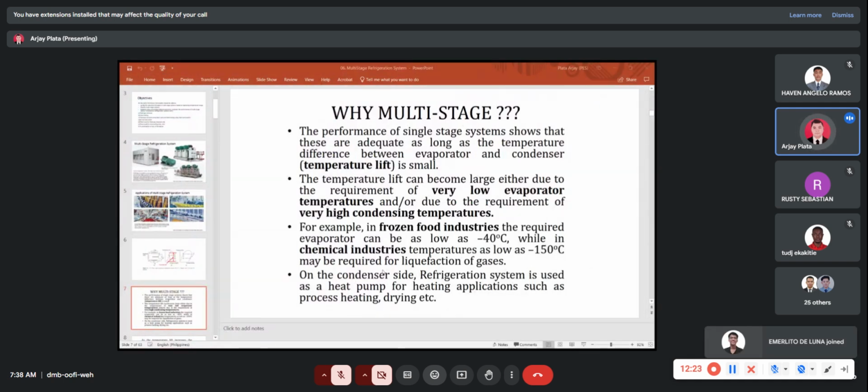I think some of you proposed refrigeration system for vaccines. So it will require a multi-stage refrigeration system because it applies an ultra low temperature for evaporator.